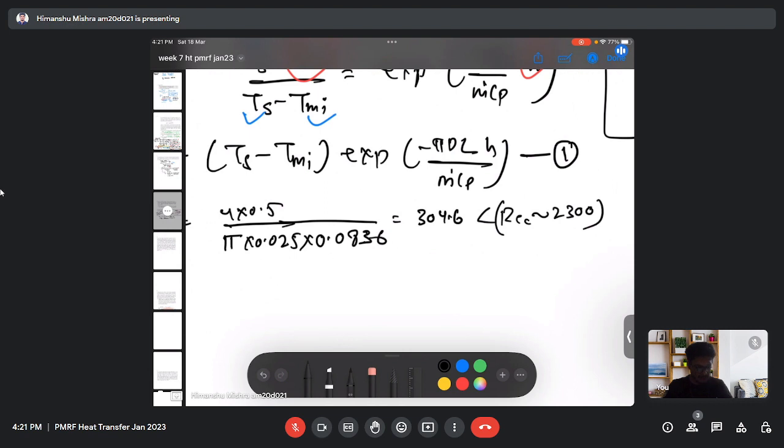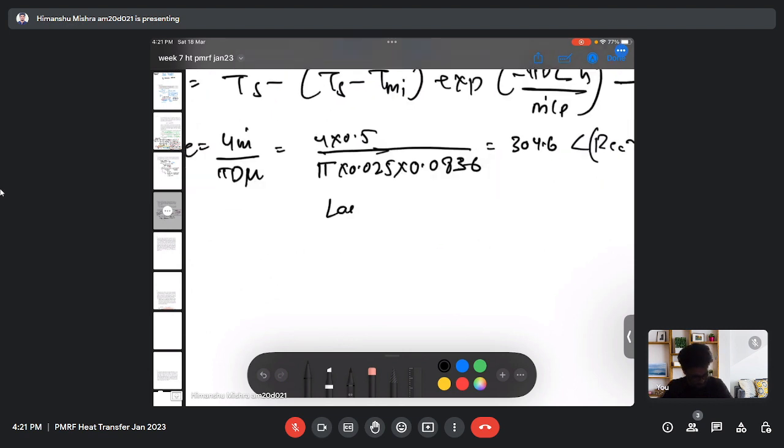So my flow is laminar flow. And then we have to check, since we are studying the pipe flow case, there will be a developing region and a fully developed region in the pipe flow. So we need to check an extra thing in the internal flow, which is whether the flow is in a fully developed region or the developing region.